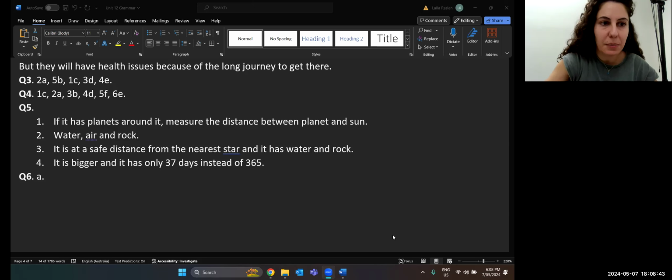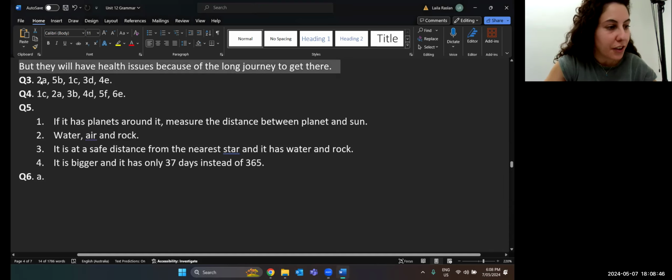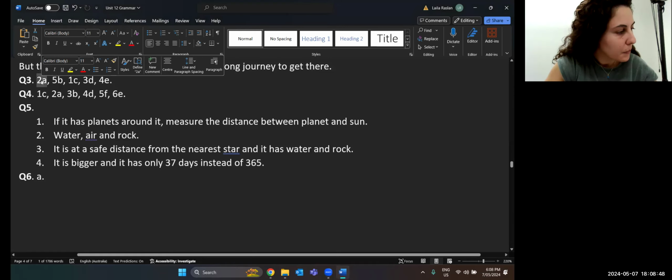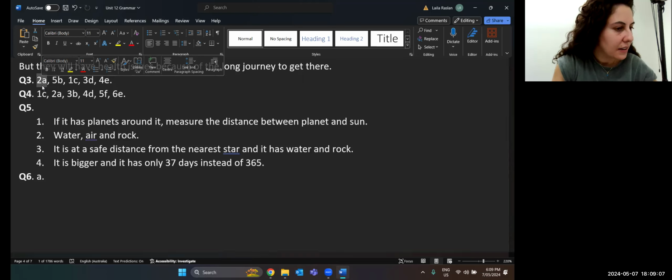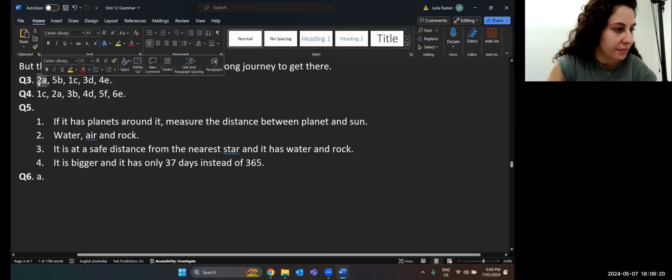That sentence from number 3, we can find it in the second paragraph, because that's where it talked about this. So that's in paragraph 2.